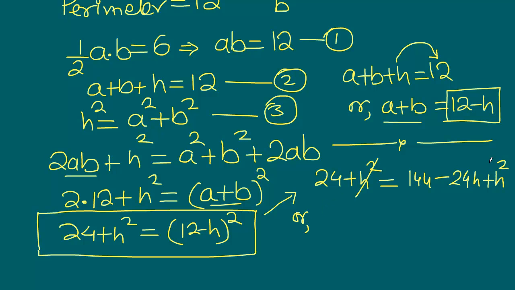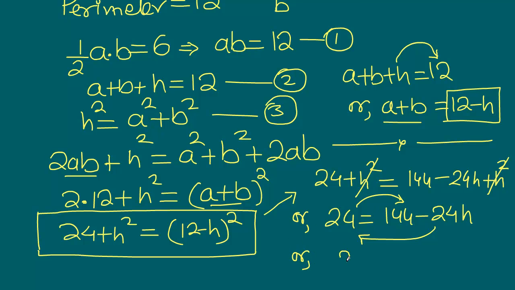So H squared and H squared will cancel out, so we have 24 equals 144 minus 24h. So what we'll do, we'll get the minus 24 on this side, it will become plus, and we'll get this 24 over to the other side.